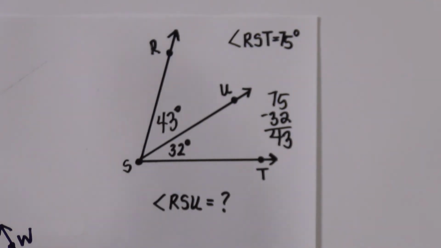So students can be asked to add two non-overlapping adjacent angles to determine the combined measure, or they can be given the combined measure and then asked to subtract in order to find one of the unknown angles in the two adjacent angles. I hope that this video helps as you continue working with your students on determining an unknown angle when given two adjacent non-overlapping angles.